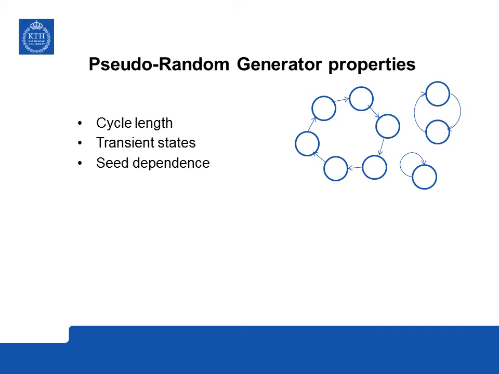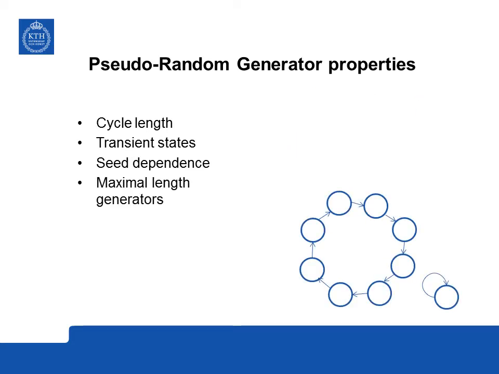If we are unlucky, we can start in a cycle that is very short, like on the right hand side, and most of the design of pseudo-random generators has been focused on how to get the maximum length of generators. For instance, in the congruential or mixed congruential generators, how should we choose these parameters A and C in order to get a loop configuration that looks like on the right-hand side?